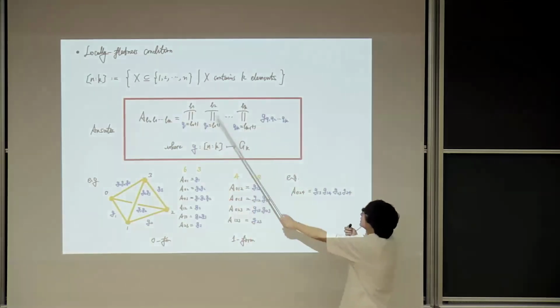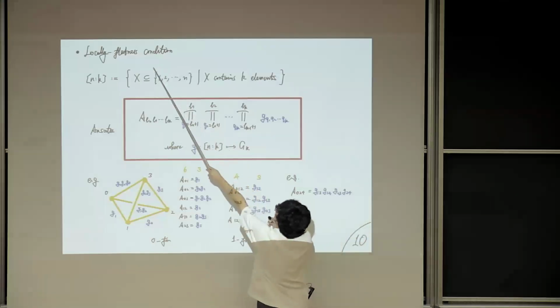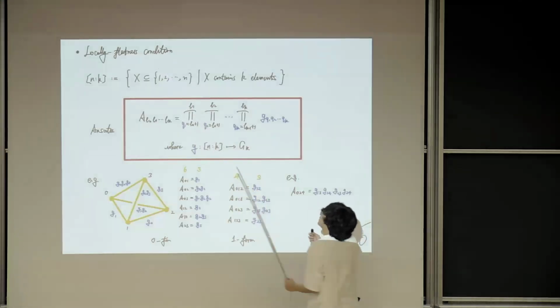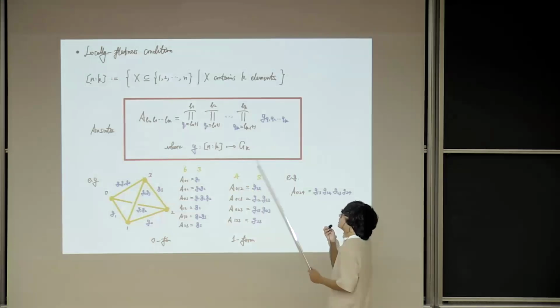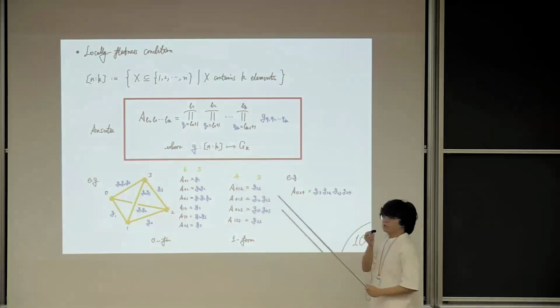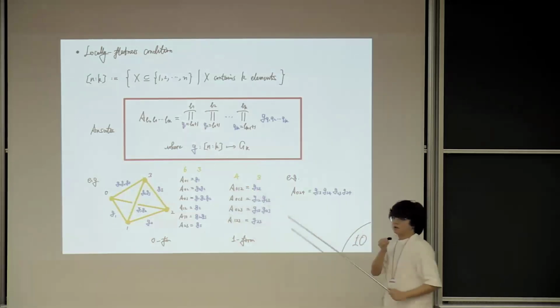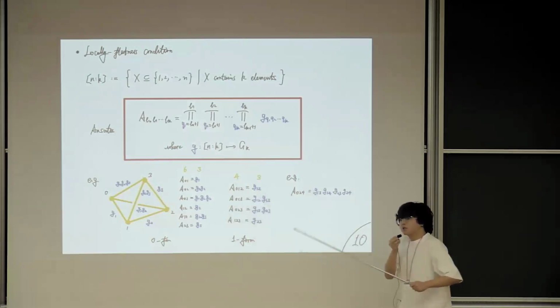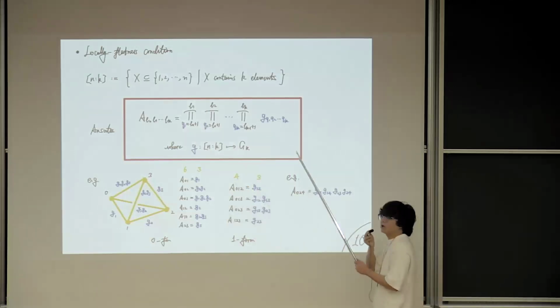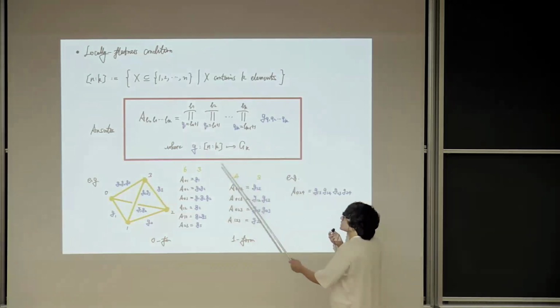But here, I will just suppose we have no non-trivial higher group structure. And then when we impose the local flatness condition, those gauge fields A are no longer independent of each other. So in order to express the independent degrees of freedom, I need to introduce some ansatz.